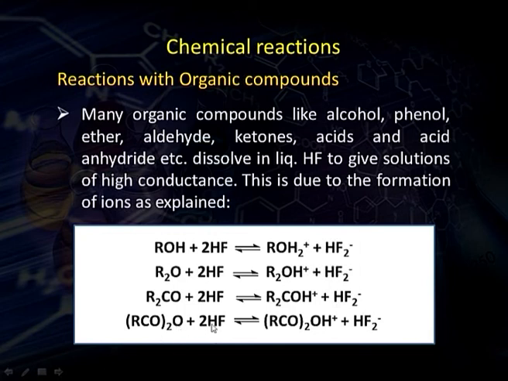Similarly, anhydride, when it reacts with HF, takes a proton from hydrogen fluoride and forms (RCO)2OH positive plus HF2 minus. So we can see that in the product we have cations as well as anions, and due to the presence of these ions, it has a high conductance.